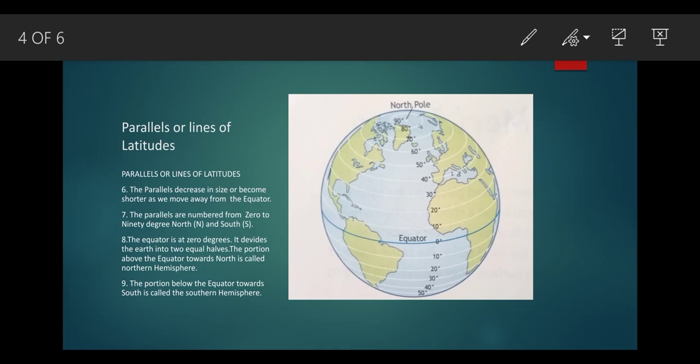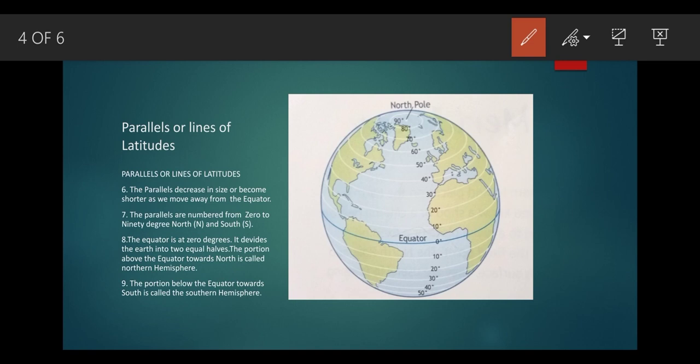Children, the parallels or the lines of latitudes decrease in size or become shortened as they move away from the equator. The parallels are numbered from 0 to 90 degree north and south. Now you can see in the picture as well, the parallels are decreasing in size when they are moving towards the north pole.